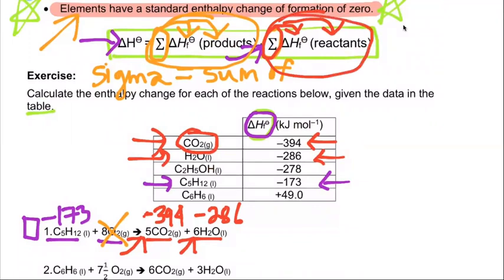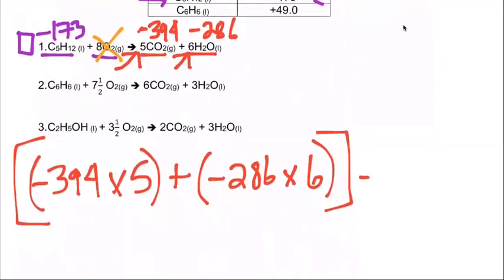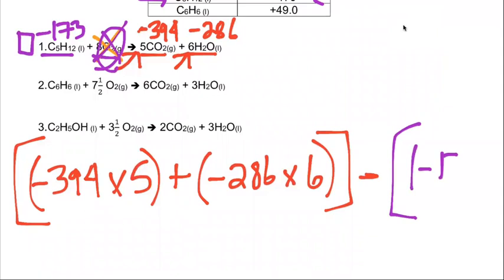So the reactants for this one are going to be a little bit easier. So I'm going to go ahead and put subtract in here. The reactants are going to be a little easier because number one, we already got rid of oxygen because oxygen's 0. So the only reactant we have is this negative 173 for the C5H12. And if we look, it does not have a coefficient.